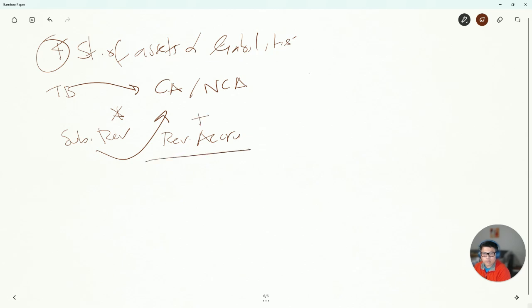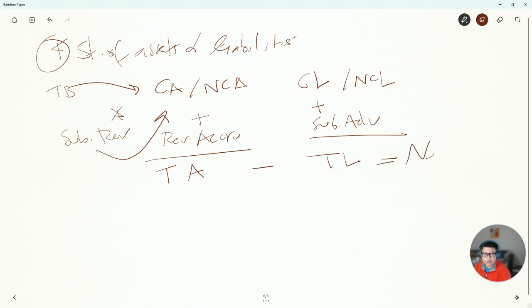Then you print from the trial balance the current liabilities and non-current liabilities. Here you need to add from the subscription revenue account the prepaid revenue, in other words, subscription in advance. So you have total assets and total liabilities. Total assets minus total liabilities gives you net assets.